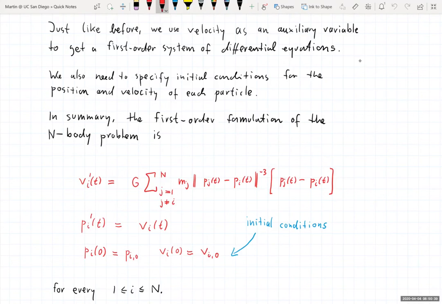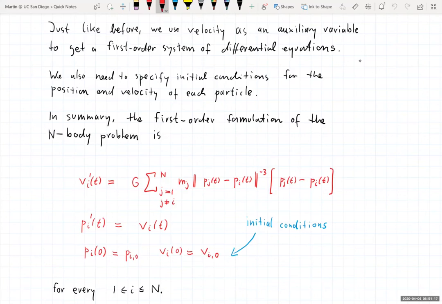So the first order formulation for the n-body problem consists of the following. Namely, for every particle with index 1 to n, let us say we pick the ith particle, then we get the differential equation v_i prime of t is equal to G times summing up j equal 1 up to n, where j is not equal to i.